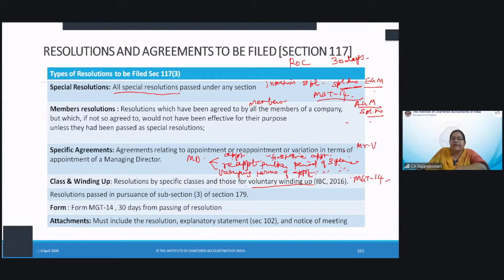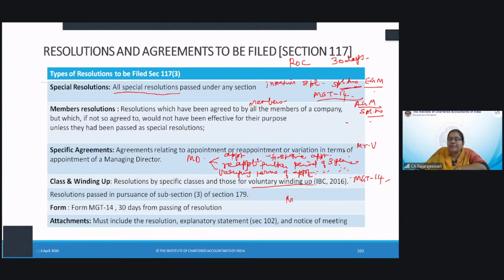You have to file form MGT 14 within 30 days of passing the resolution, and the attachment is that you have to give a notice and explanatory statement, what is the resolution that you are going to do, because the registrar should be given those basic details.